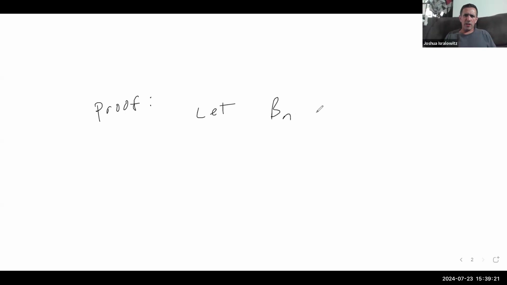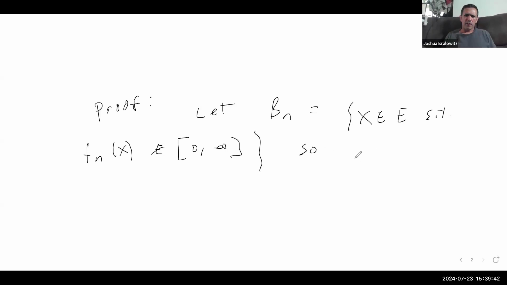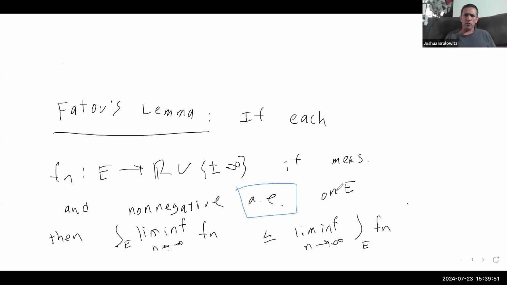All right, so let's say Bn is the bad set. What's bad? It's bad if Fn of x is not non-negative. This is measurable, and in particular, we're assuming each is non-negative almost everywhere.